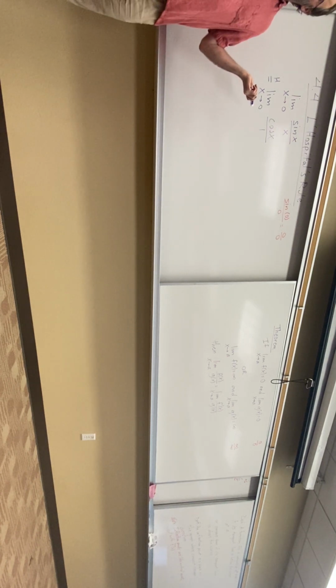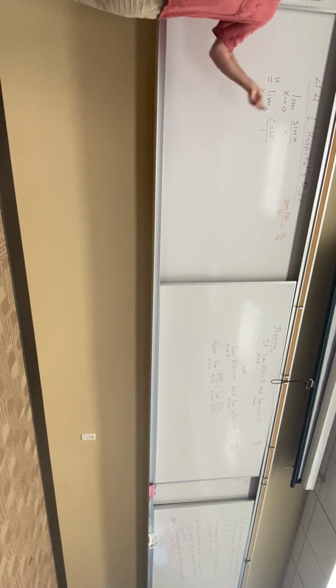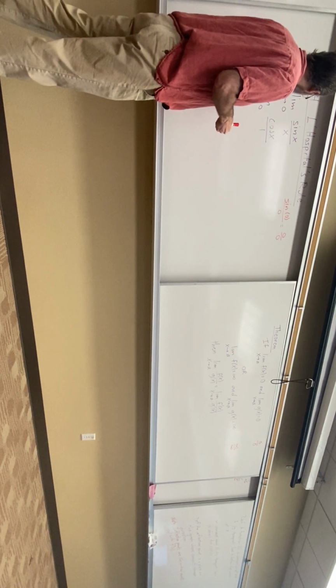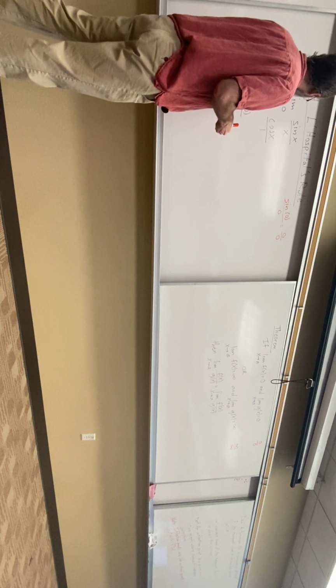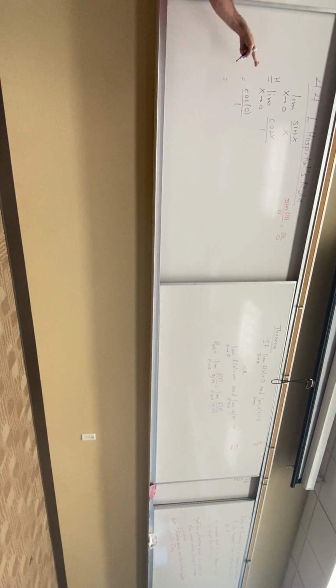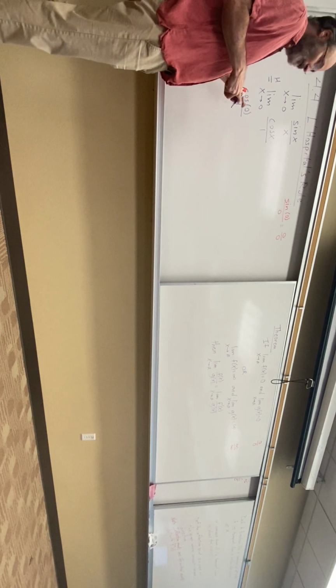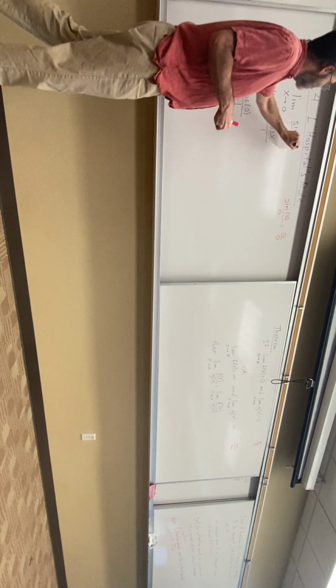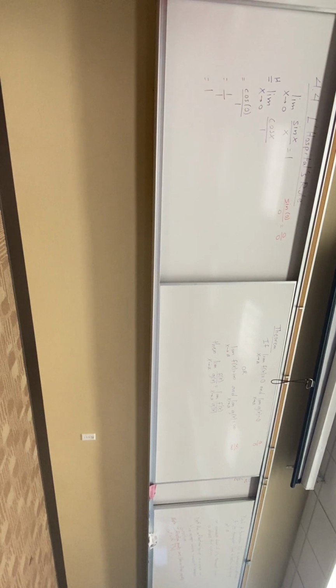Now what do we do? Plug in. So we're going to get cosine of 0 over 1. And what is cosine of 0? 1. Cosine starts at 1, sine starts at 0. So this is going to be 1 over 1, which is 1, which tells us that the original limit was also 1.